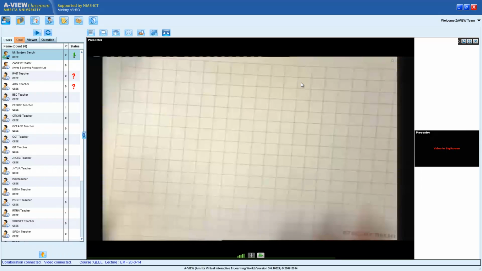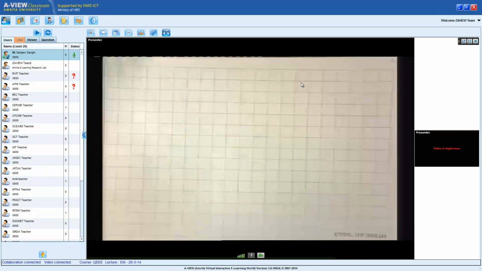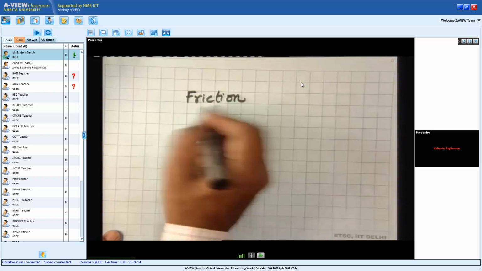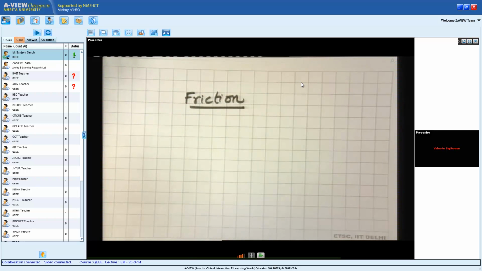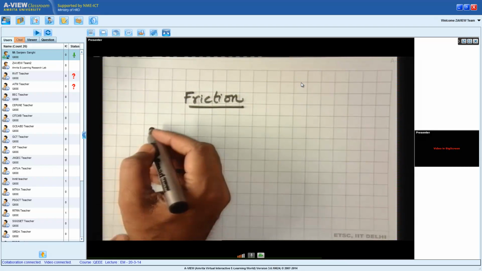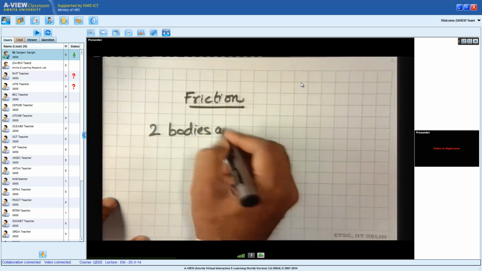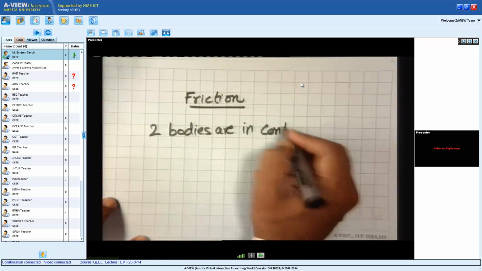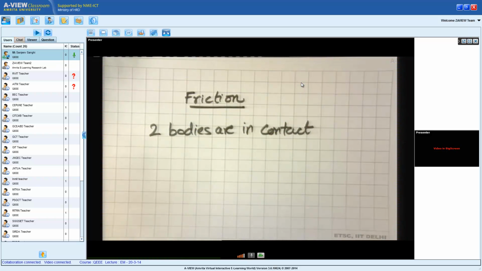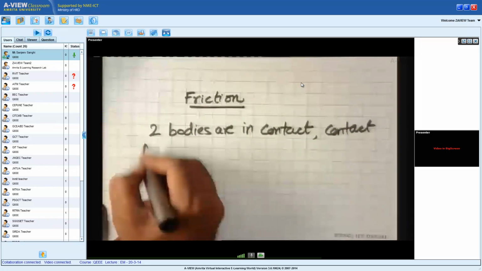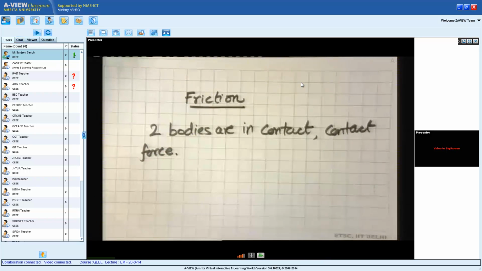Now I have only, as I told you, about 1.5 lectures or even slightly less, and this I want to dedicate to the topic of friction. Now what we have is, when two bodies are in contact, then there is a contact force.